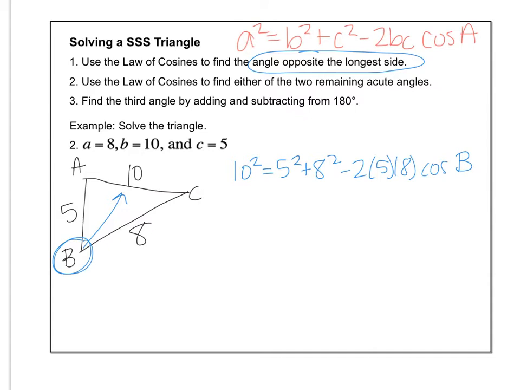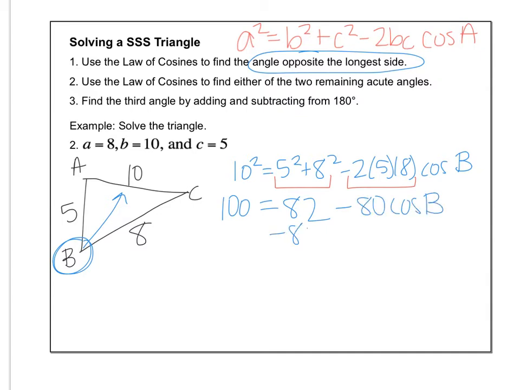So 10 squared is 100. Then the next little chunk here, 5 squared plus 8 squared, which is 89. Then we do the next chunk in front of the cosine. We're going to multiply all those numbers together. It's going to be minus 80 cosine B.